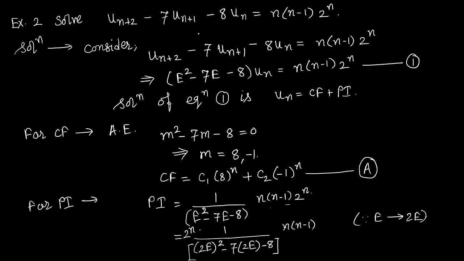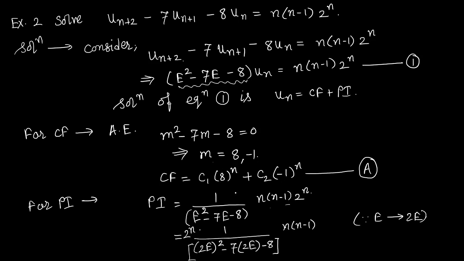Now another problem. Consider the given equation, convert this in terms of E, which gives equation number 1, whose solution is given by CF plus PI. For CF, we write the auxiliary equation by substituting E equal to m in this part. Then we solve this equation and find the values m equal to 8 and minus 1. The roots are real and different.